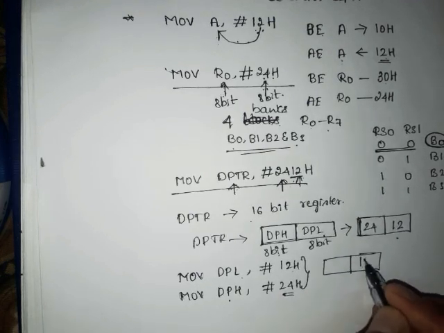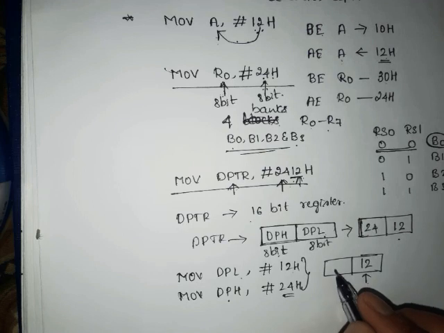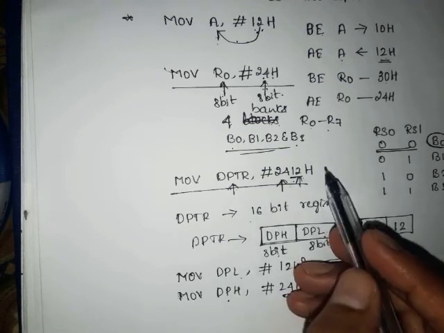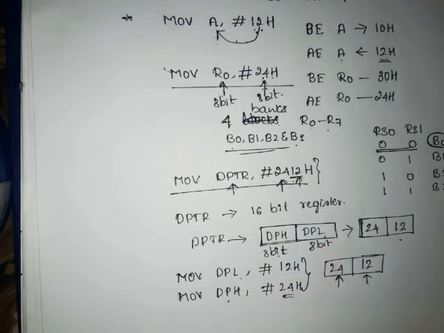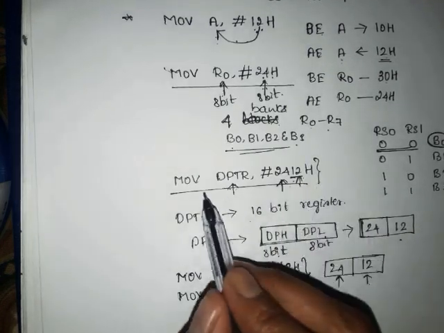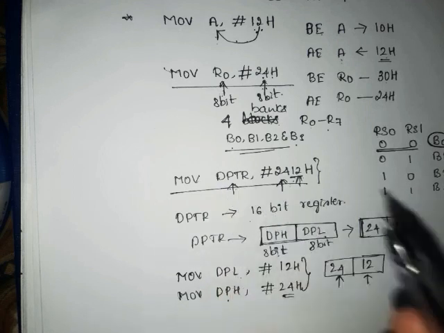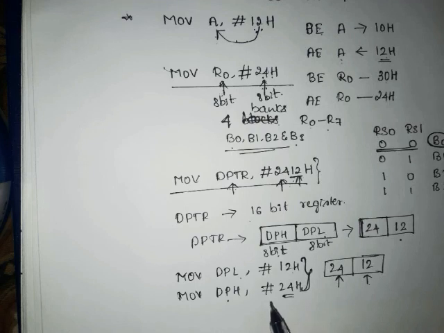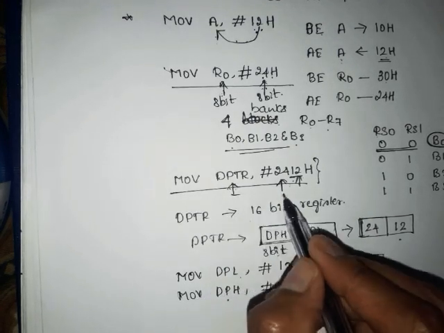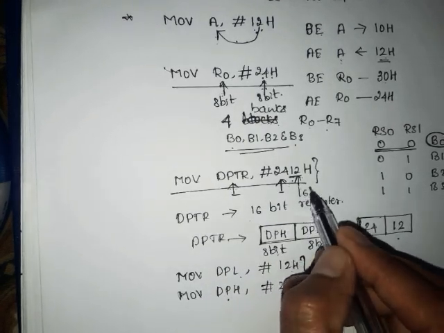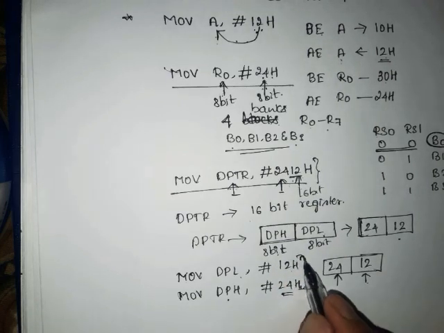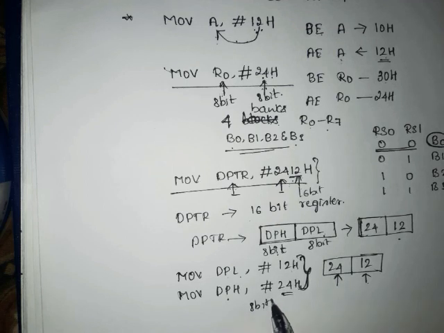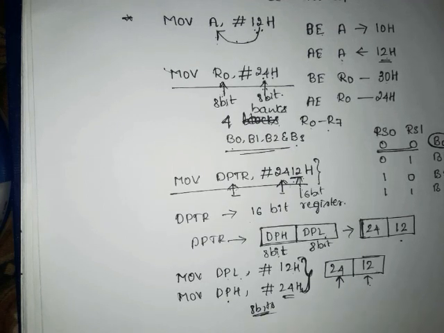In DPTR, 12 will be stored in the lower byte and 24 in the higher byte. Whatever result we get after executing move DPTR, the same result we get by using these two instructions. The difference is that the source and destination in the first instruction are 16-bit, whereas in these two instructions the source and destination are 8-bit.